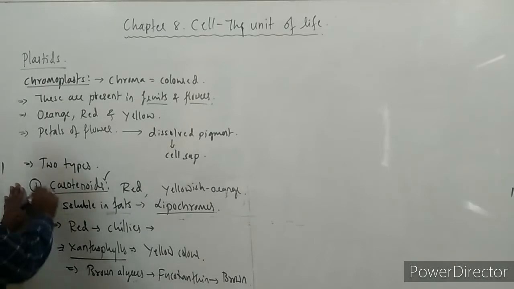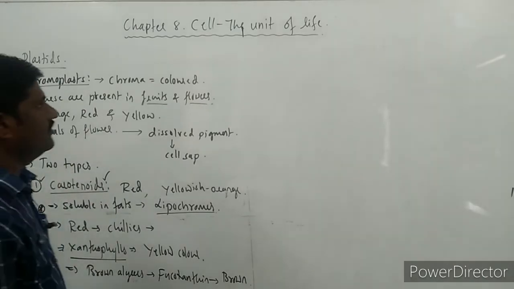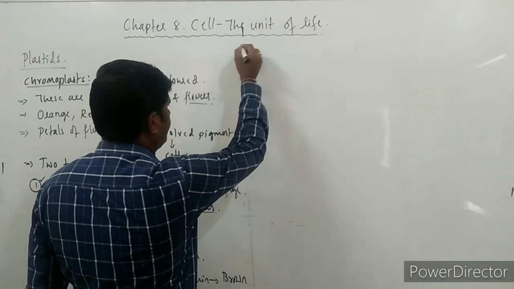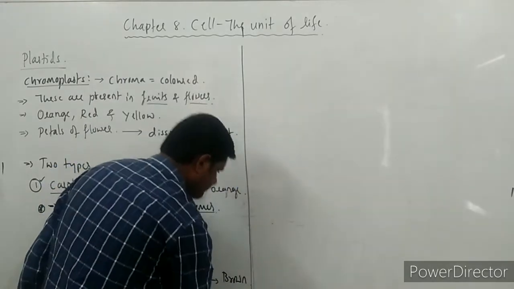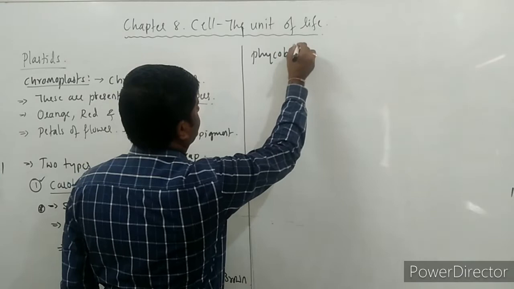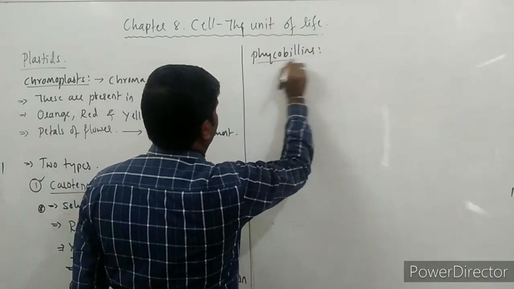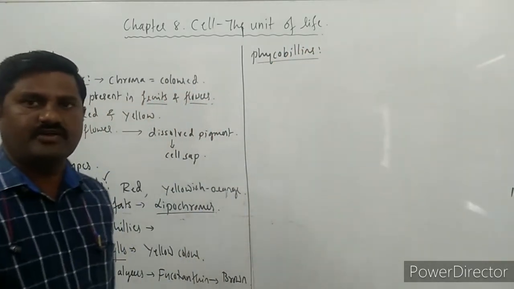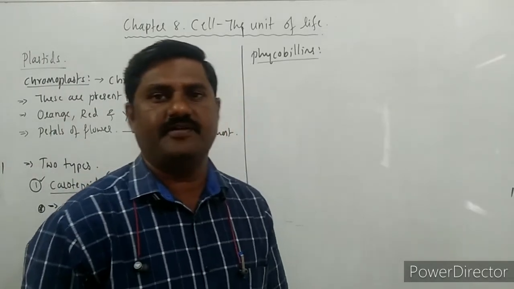These are one type of pigments, that is carotenoids, and the next type of pigments is phycobilins. These phycobilins are of different types.